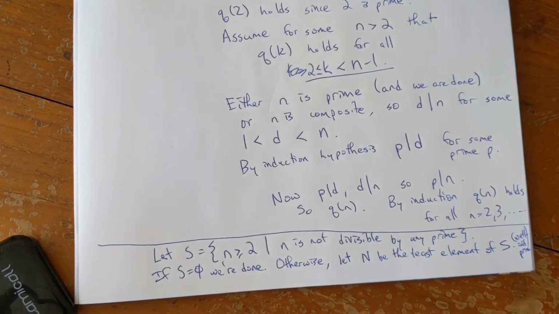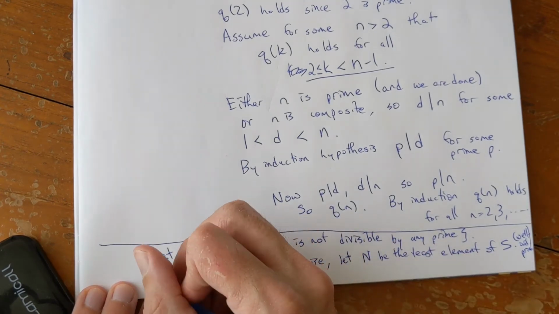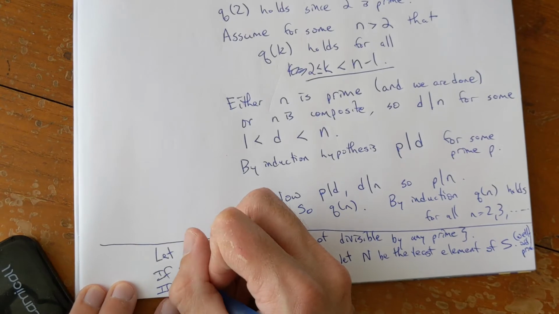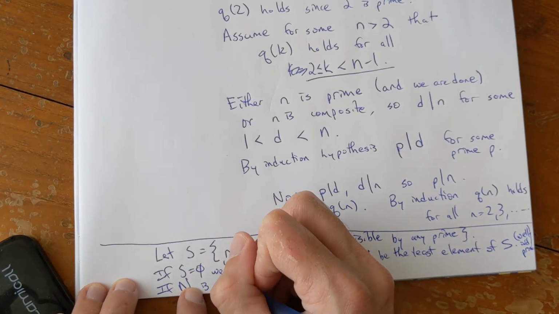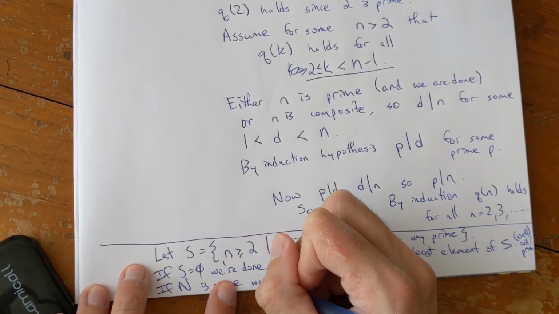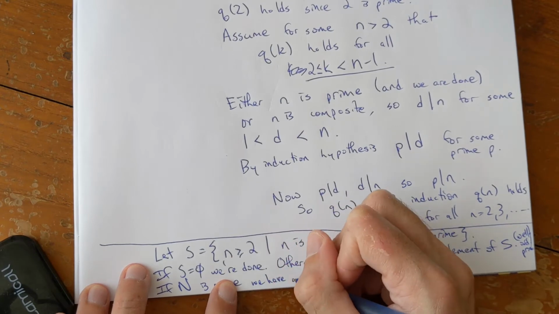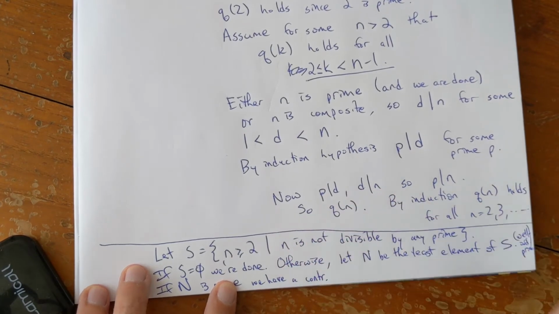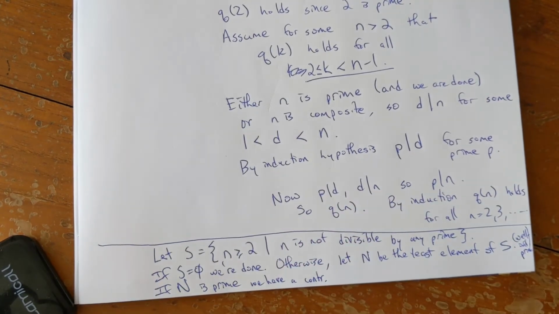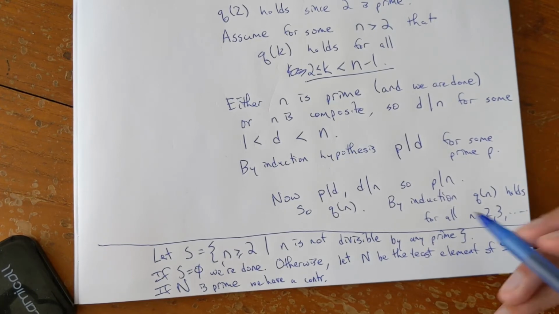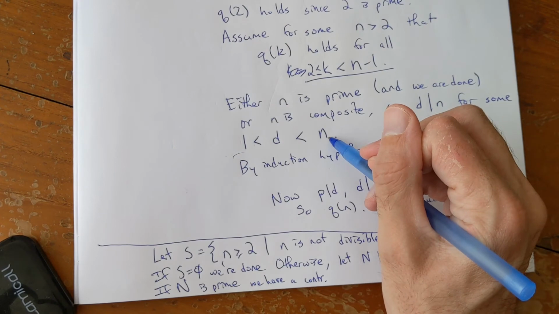And now we do the same thing. If n is prime, then it's divisible by a prime, which is a contradiction. If n is not prime, it's divisible by some number in this range.